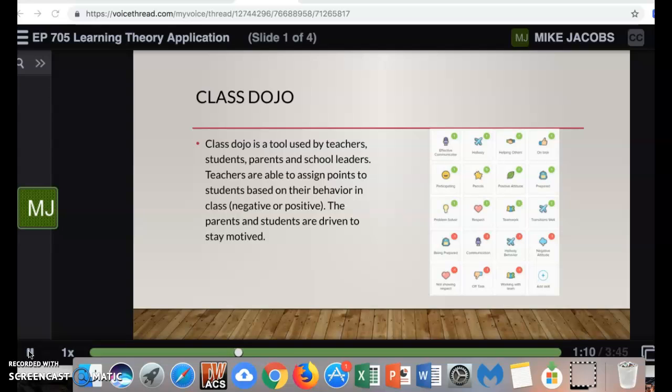So there's a well-balanced set of skills that we want to be positively reinforced, and there are things that we don't want to be reinforced. So the teachers are able to use Dojo to give those positive and negative points based on the behaviors they see in the class for individual students and as a whole class.